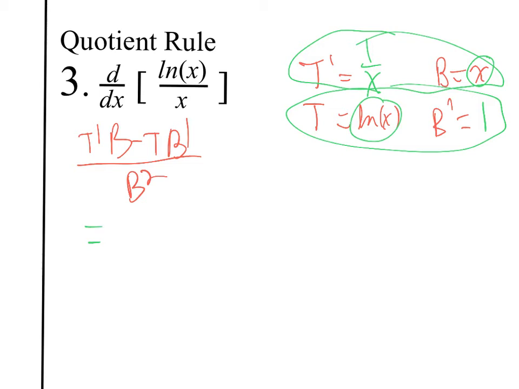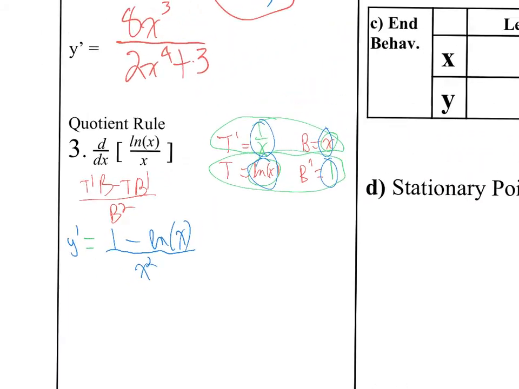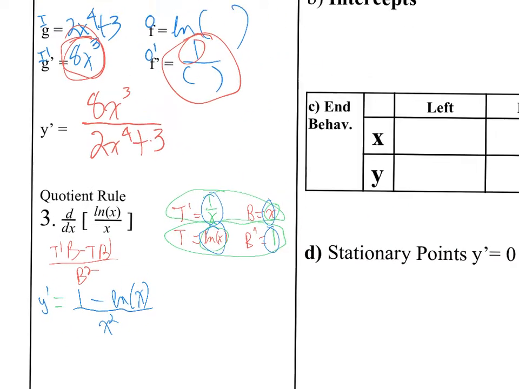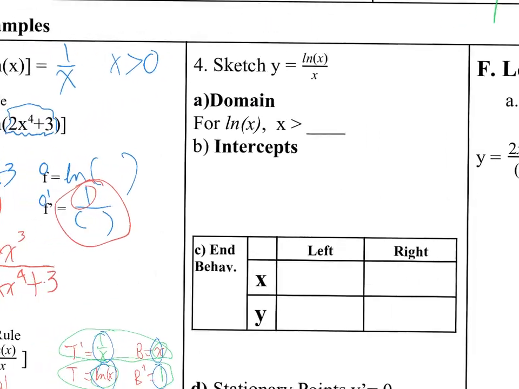So that's going to equal 1 over x multiplied by x, which is just 1. So 1 minus, and then top ln x times 1, minus ln x, okay? And that's all over the bottom squared, which is x squared. Okay, so I can write that as y prime if I want. So that's the quotient rule. Now what we're going to do is graph sketch that particular function.